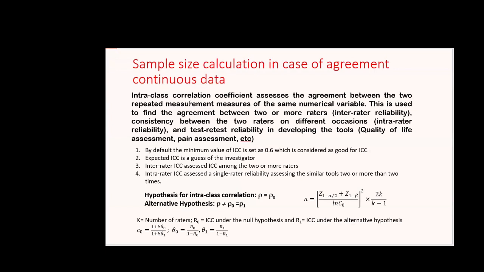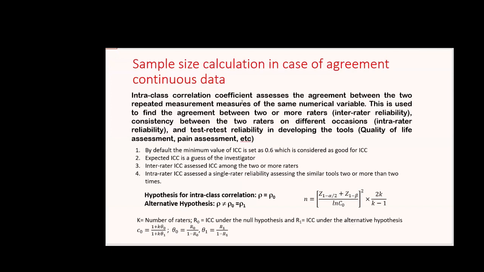But in Pearson and Spearman correlation, you have two different variables, height and weight. Keep in mind that in Pearson and Spearman correlation there are two major outcome variables, but in intra-class correlation we are assessing one variable, height, by two methods or two ways. So our outcome variable is the same.